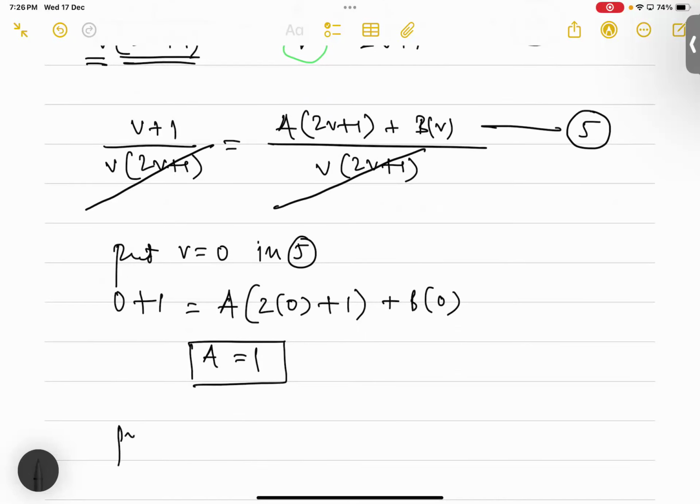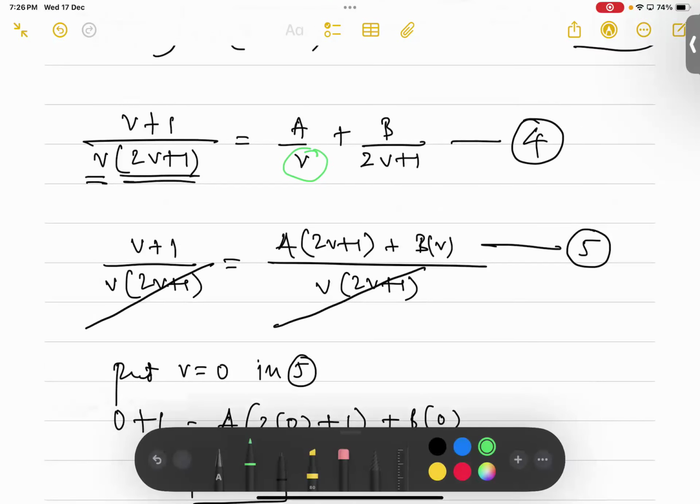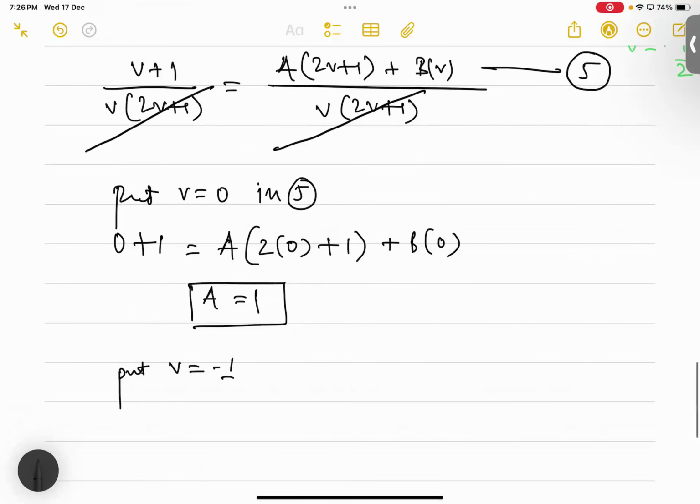Then equate the next factor to 0. If we put 2v plus 1 is equal to 0, what is v? V is equal to minus half. So put v is equal to minus half in 5.